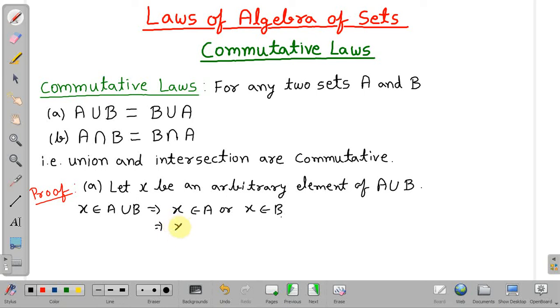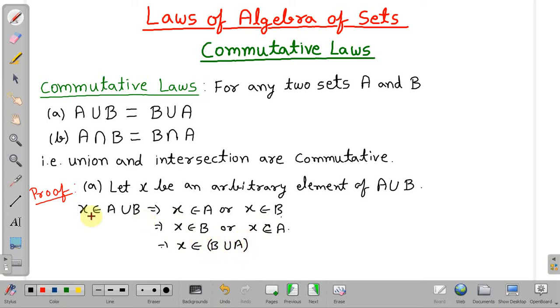So we can write x is an element of set B or x is an element of set A, and this is nothing but x is an element of B union A.